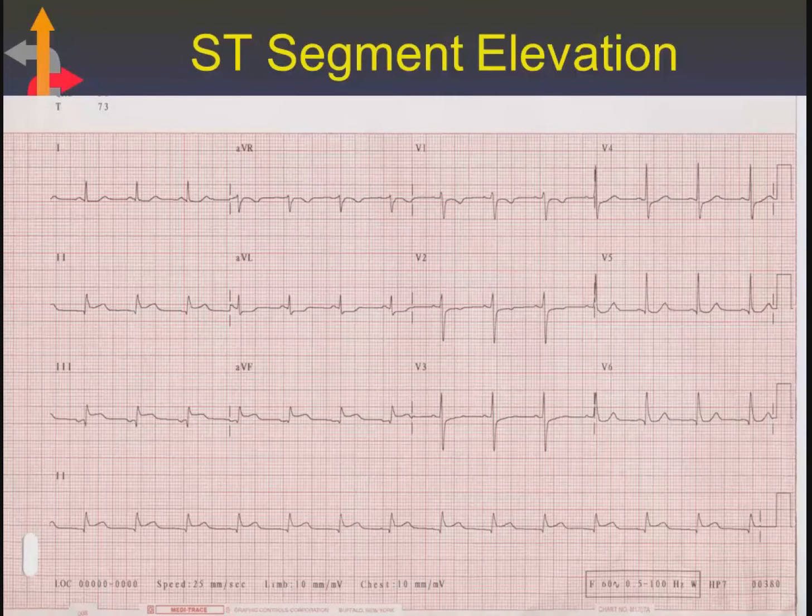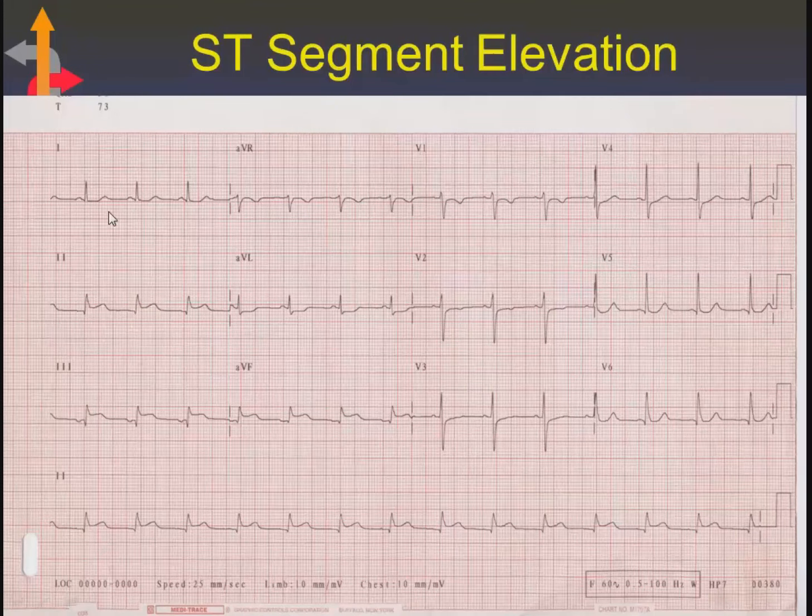Do you see any ST elevation in any of these tracings? How does lead 1 look? ST okay? Lead 2? Here's my J point. I have some elevation. 3? AVR we can always ignore because AVR is a goofy lead.